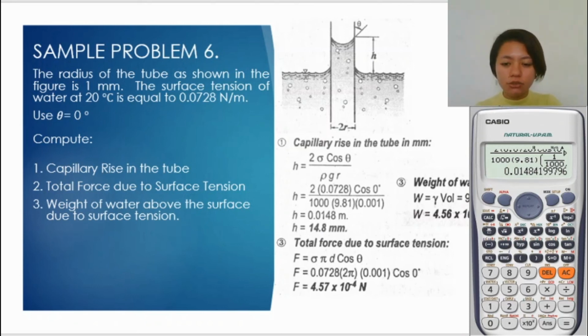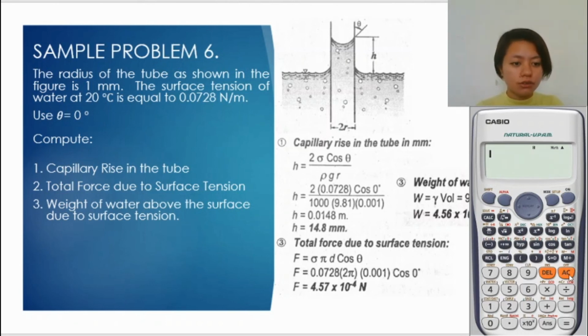Then for number 2, the total force due to surface tension. So we simply use the other formula placed here. We have force equals surface tension times pi times d times cos theta. Take note of this formula, guys, because it will keep appearing in these problems.